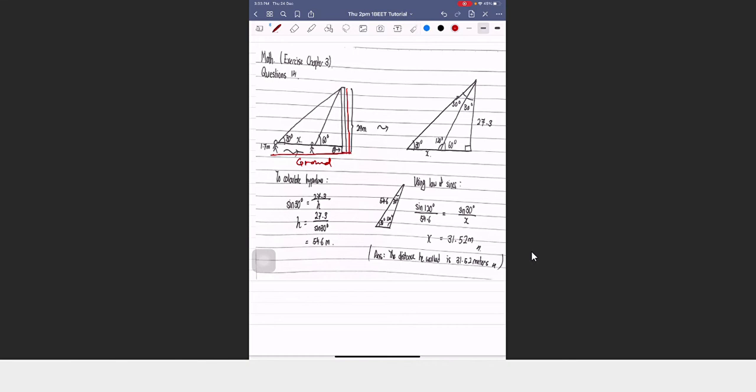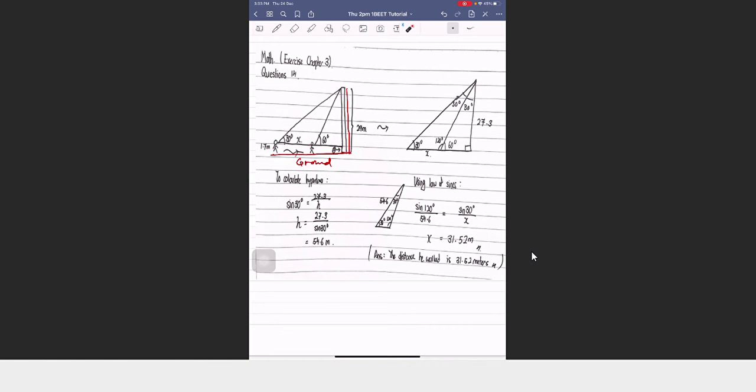If the boy walks, from his eyes looking up, the angle of elevation increases from 30 degrees until here it is 60 degrees, as he walks towards the building.